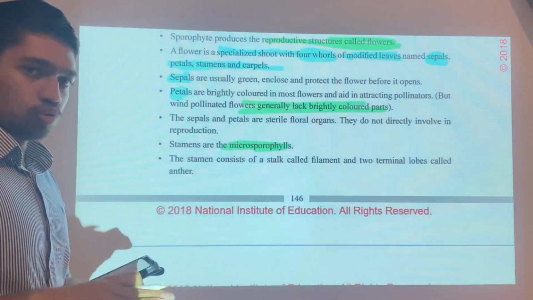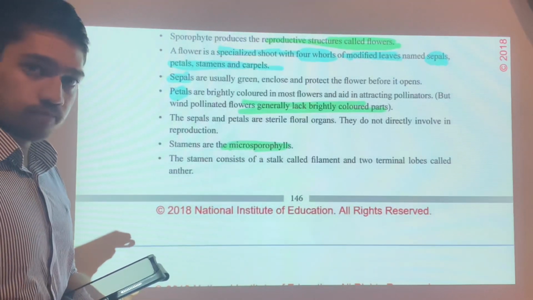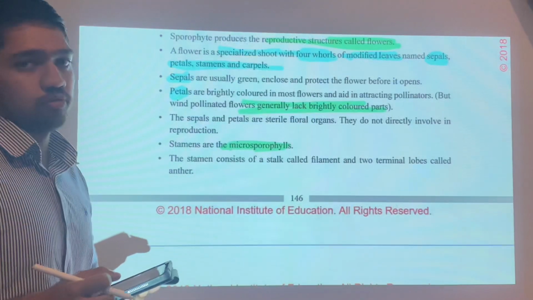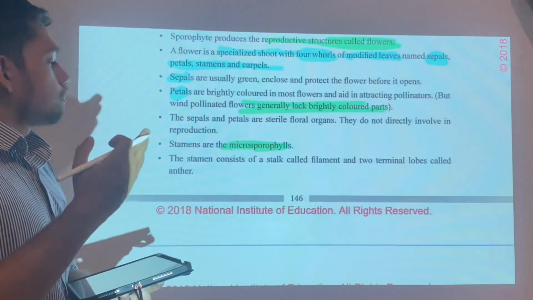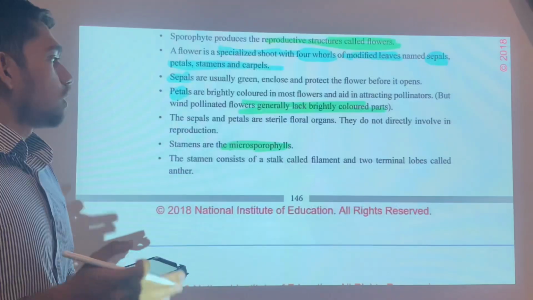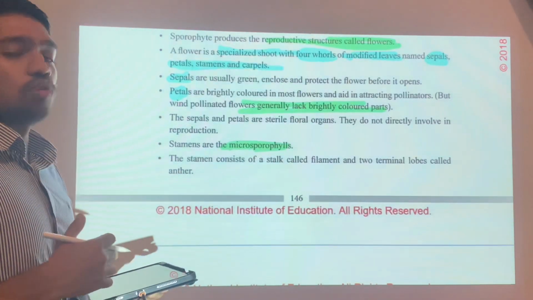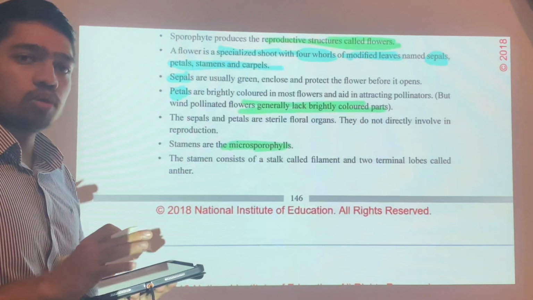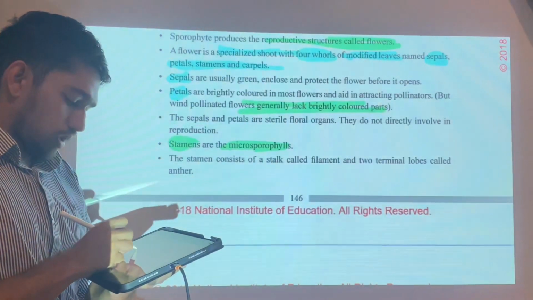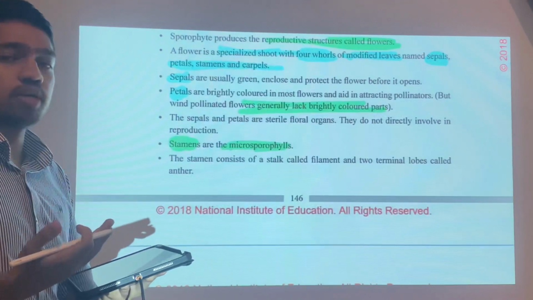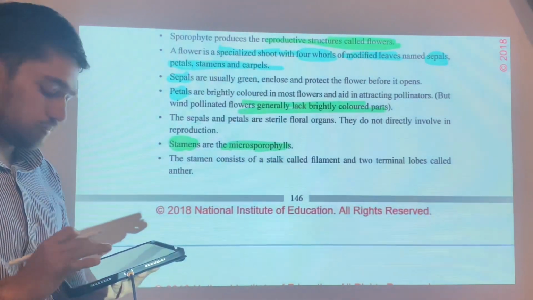Usually microspores will become the male gametophyte. The modification of microsporophylls in your flowering plants, we now call these modified microsporophylls stamens. The stamen is generally considered the male part of the plant.